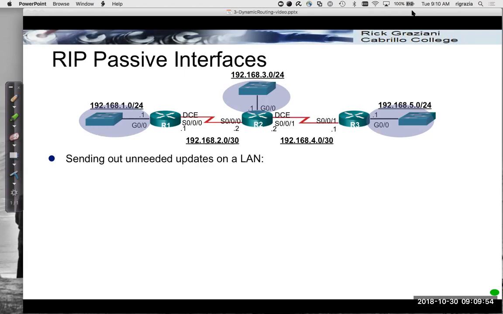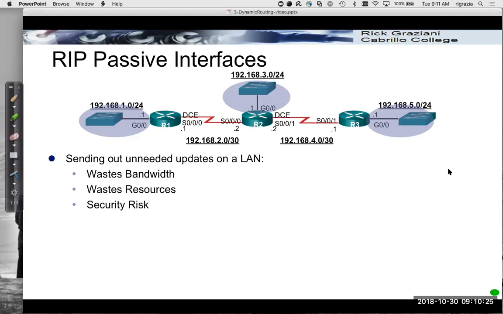If we have a network where there's a LAN and no router, like R1 has with the 192.168.1.0 network, and R2 and R3 with their LANs, sending out these unneeded updates not only wastes bandwidth, it wastes resources on R1 and, depending upon the devices that are out there and the routing protocol you're using, whether or not devices actually have to look to see if they need to process these things.